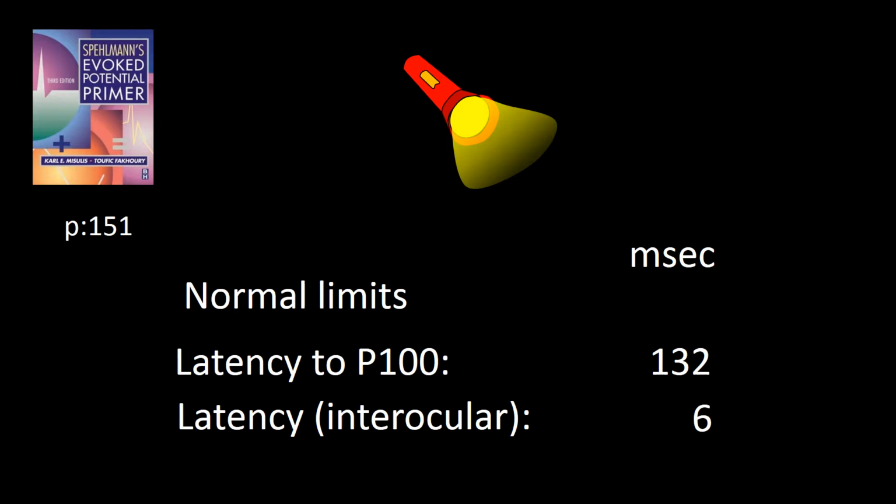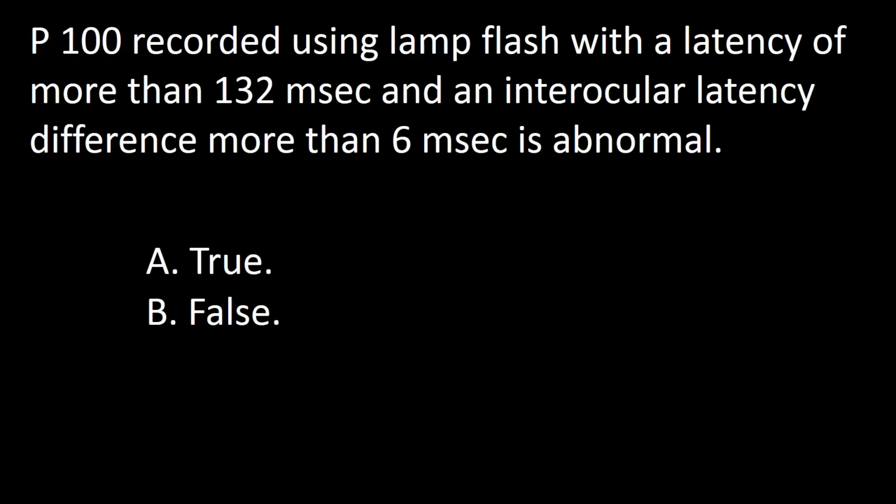But still, the prevailing recommendation throughout all the reading I have done about flash VEP is that each lab should establish their own normal based on age-matched controls studied in the proper lab. So the answer to this question is A.